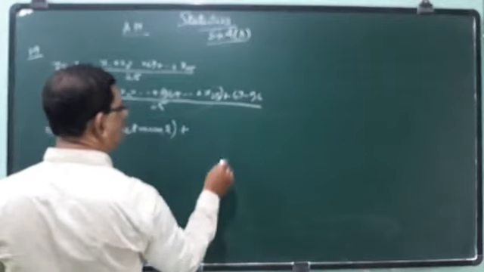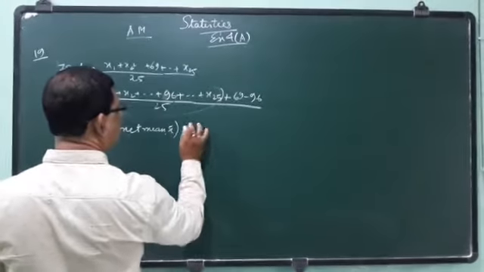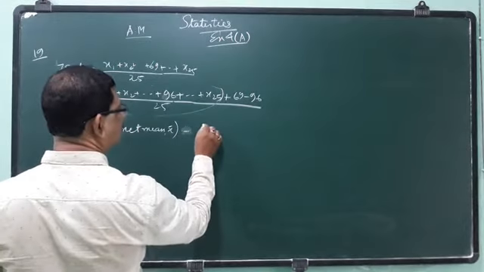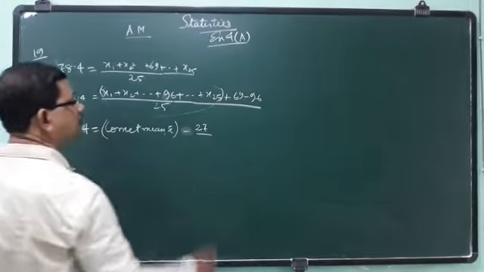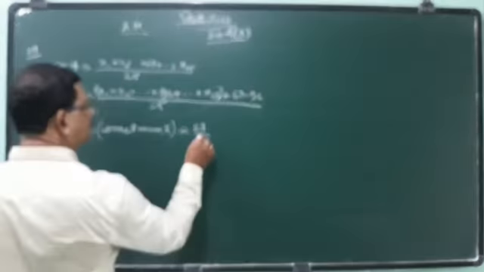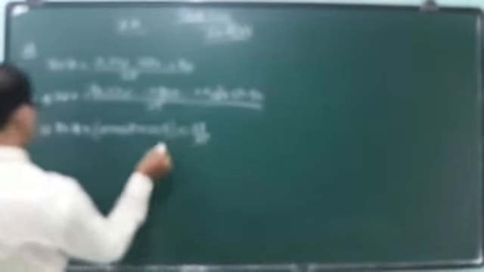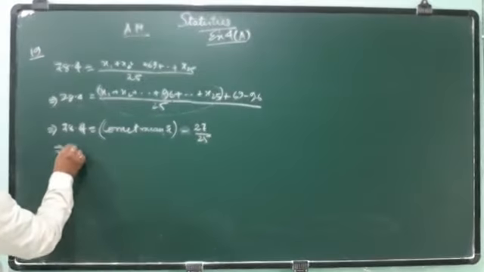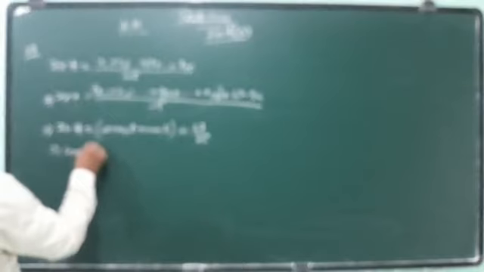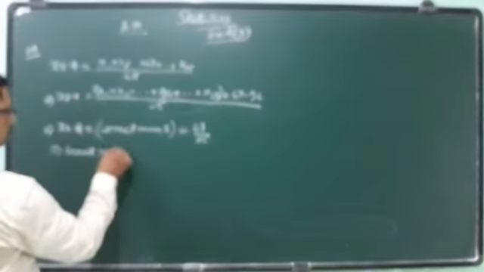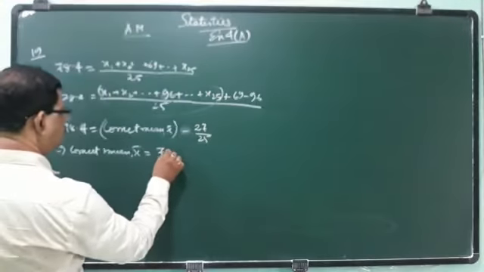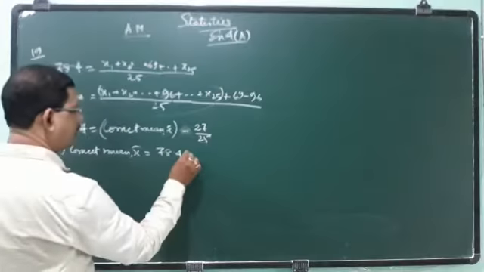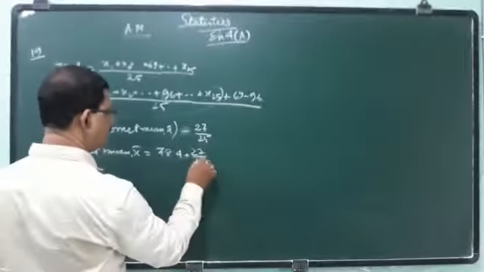Then if we deduct, it will be minus 69 and plus 96, that is plus 27, by 25. So the correct mean x bar is equal to 78.4 plus 27 by 25.